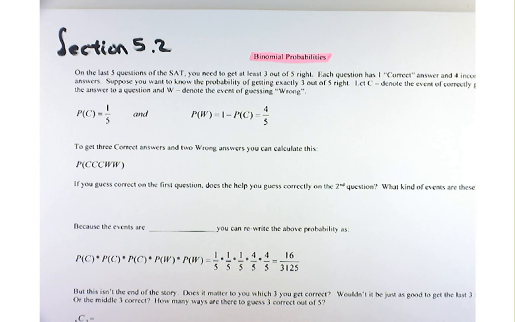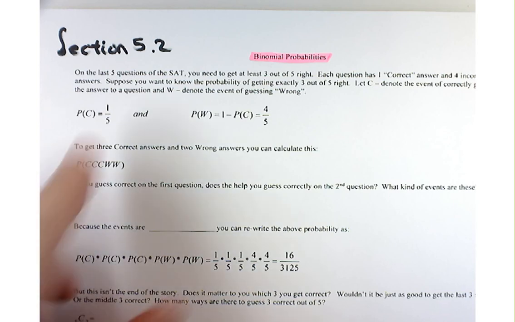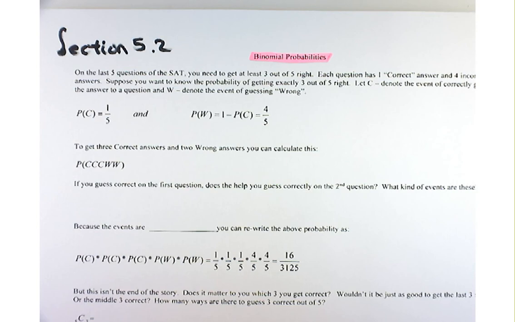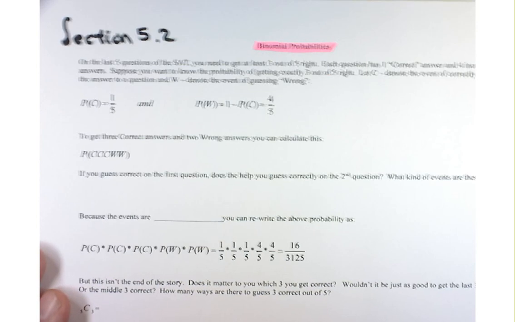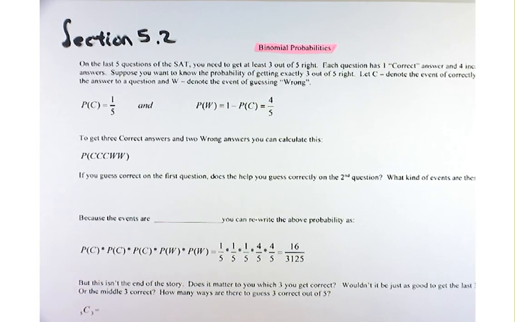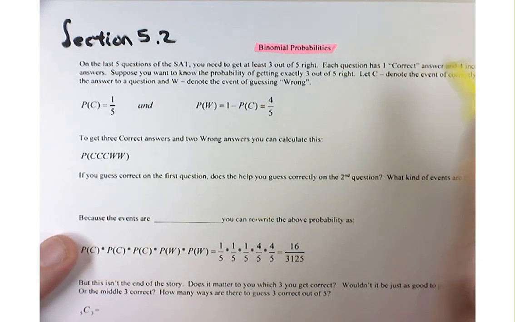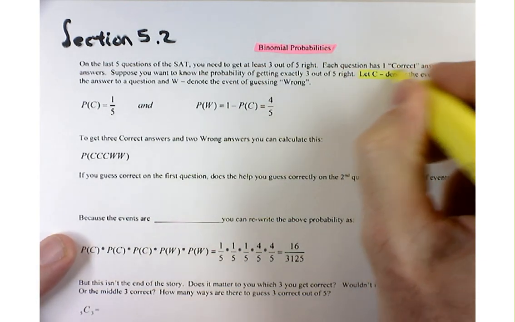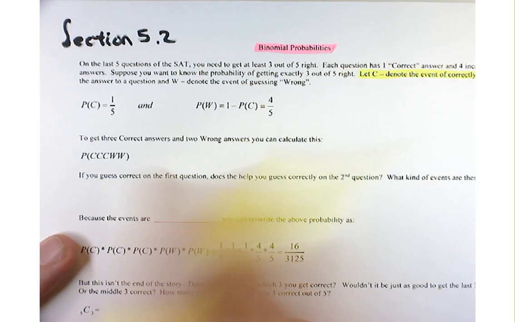Well, let's take a look at a few things about the SAT. The SAT has 5 choices, only 1 of which is correct, and 4 of which are incorrect. So the probability of a correct guess, assuming that you're just guessing, is 1 out of 5.